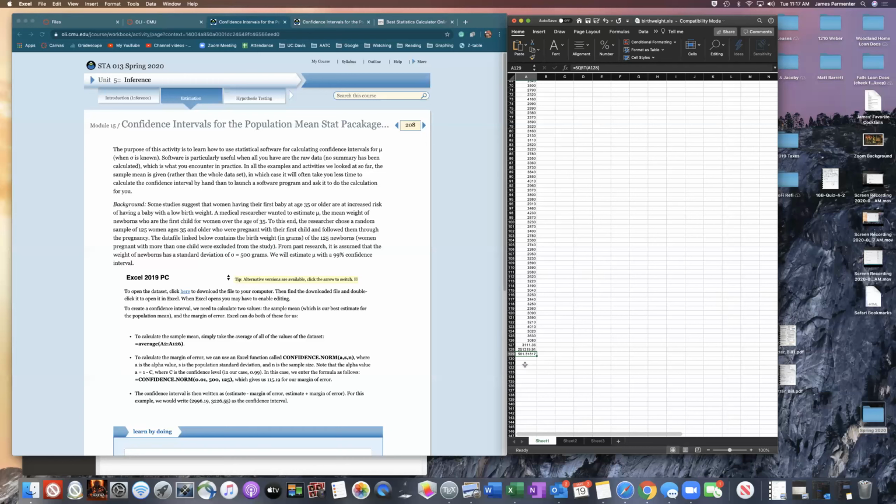Then we can calculate a 99% confidence interval in the following way. Our confidence interval is going to be X bar plus or minus Z alpha over 2, because that's pretty standard, times our actual standard deviation, divided by the square root of n.